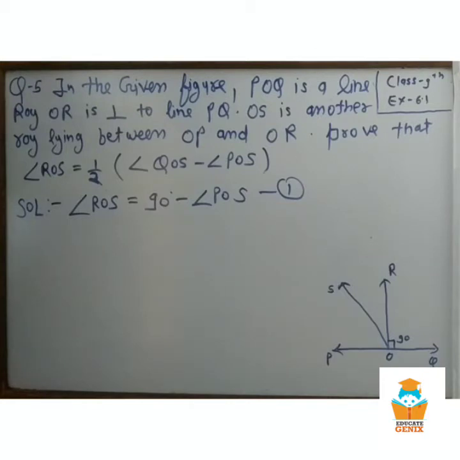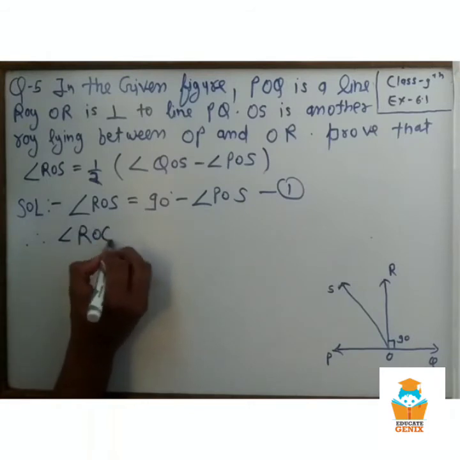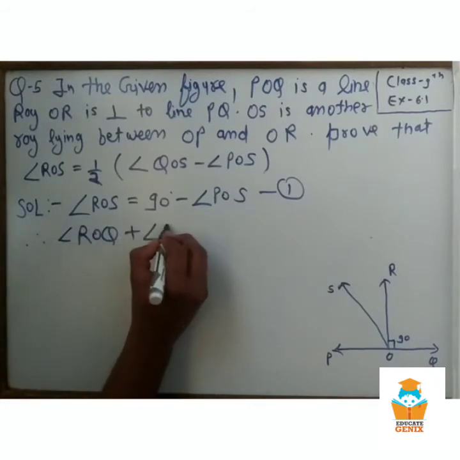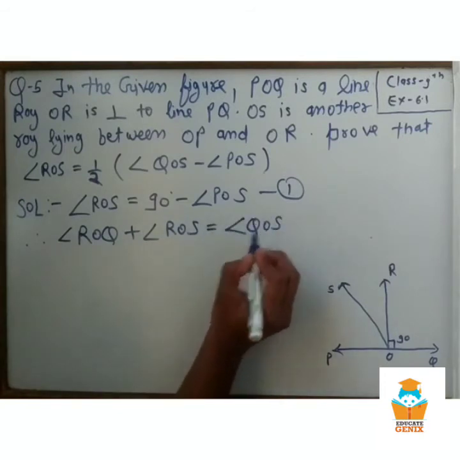So here we have to introduce QOS for proving this. Let's see in the diagram. For QOS, we have to sum the angles ROQ and ROS. Therefore, we write angle ROQ plus angle ROS equals angle QOS.